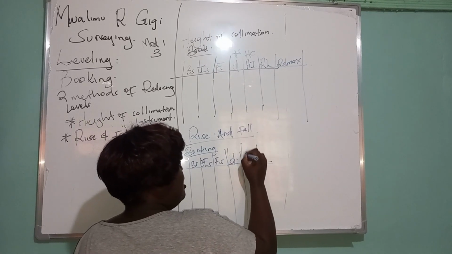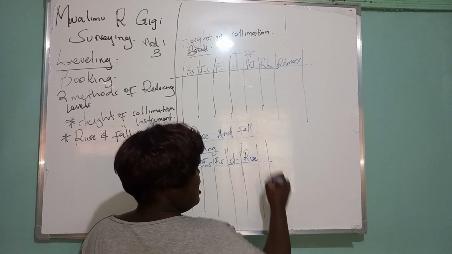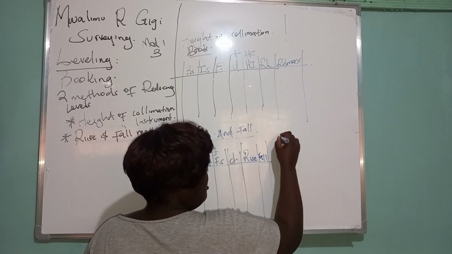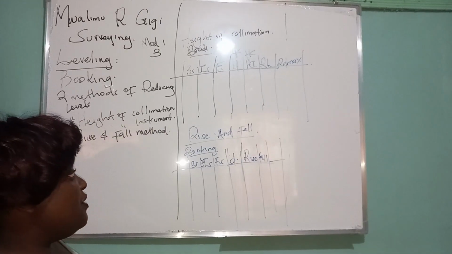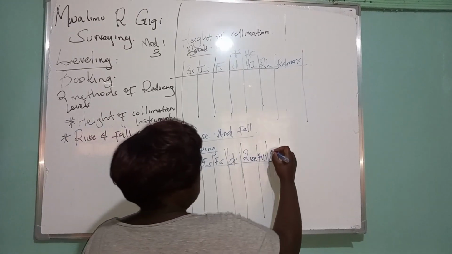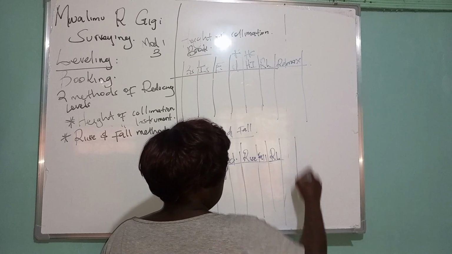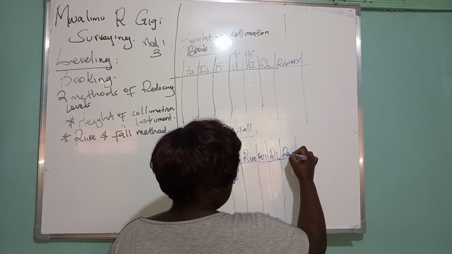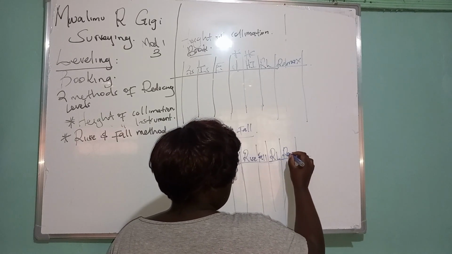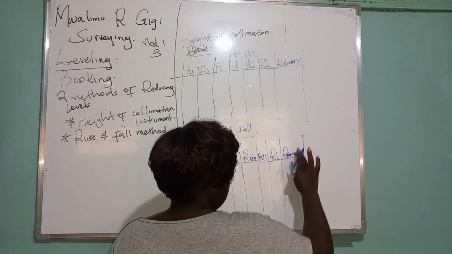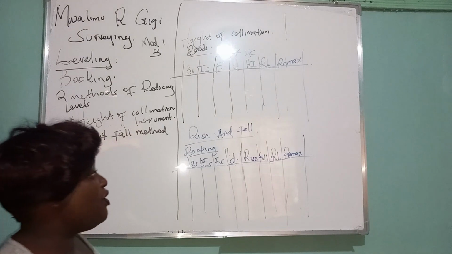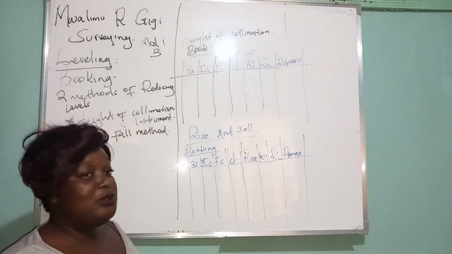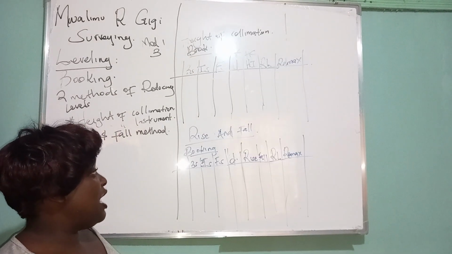Then you will have the rise, then the fall, and after the rise and the fall, you'll have the reduced level. Then lastly, you'll have the remarks. So when you're reducing levels using the rise and fall method, your booking sheet should look like this.